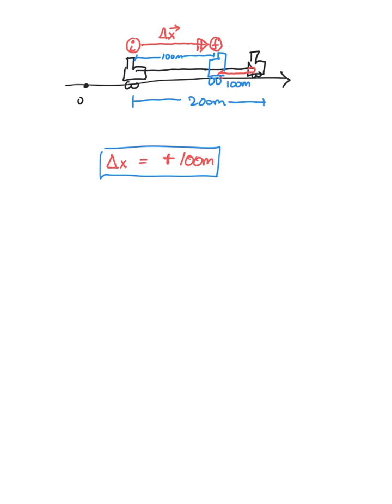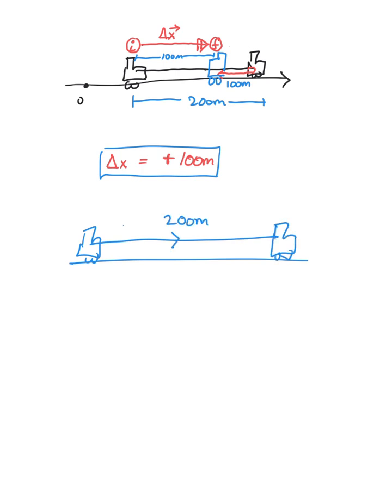Now, what about the distance traveled, though? So the distance traveled would be the total distance traveled. So the car has to first travel a distance of 200 meters to the right. And then it turns around and travels 100 meters to the left.